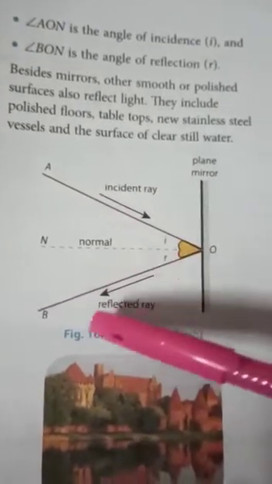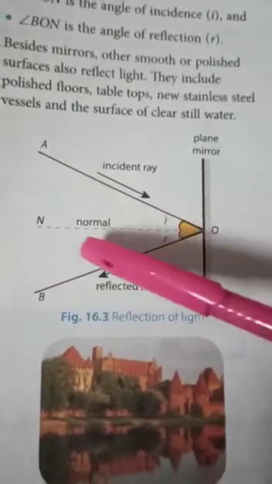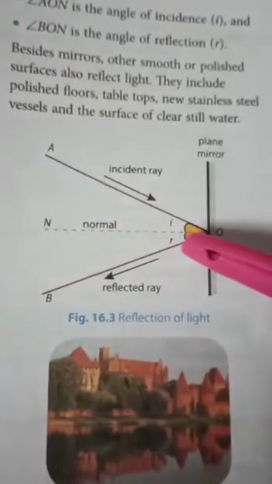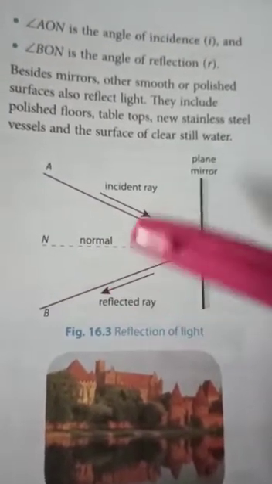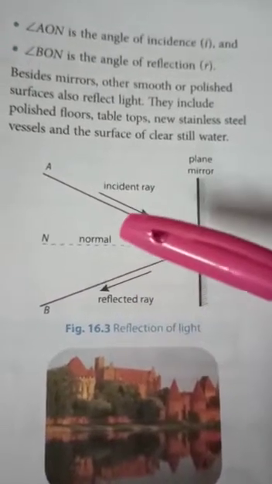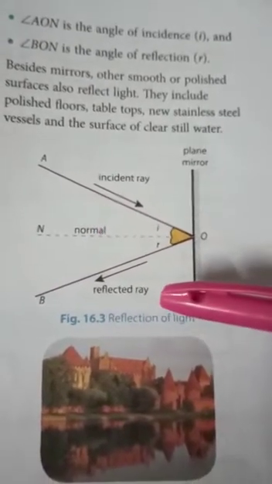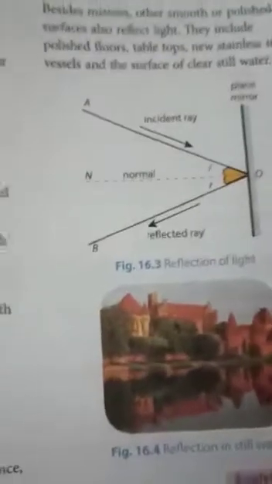Those rays are called reflected rays, and we have to draw an imaginary line called the normal to make the angle between the normal and the incident ray, and also the angle between the normal and the reflected ray. That's why we use the normal. So this was all about reflection in a plane mirror.